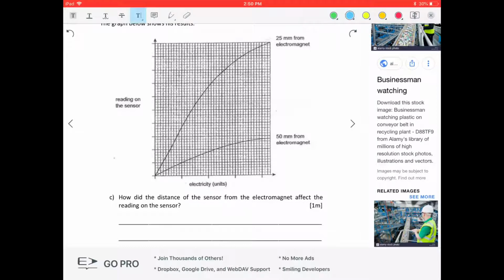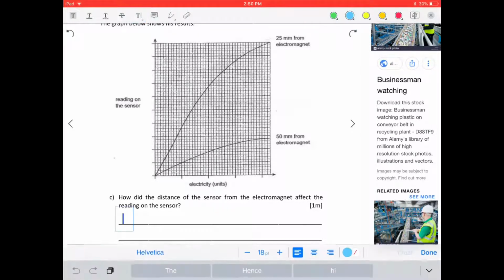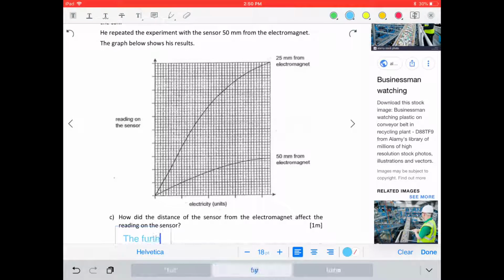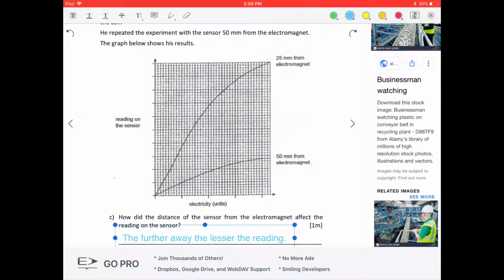So how did the distance affect the reading? The further away, the lesser reading, right? Because a magnet works in this way. The further it is, the less magnetic force there is.